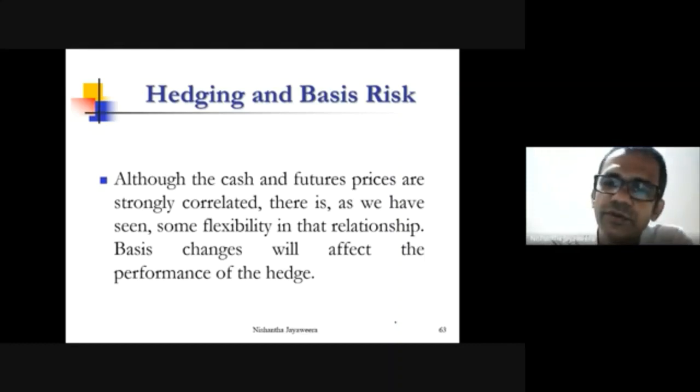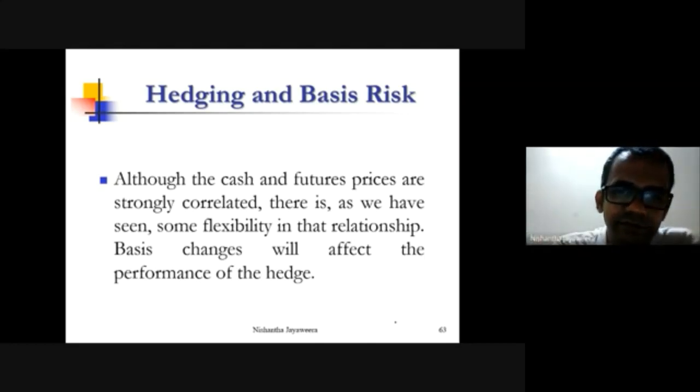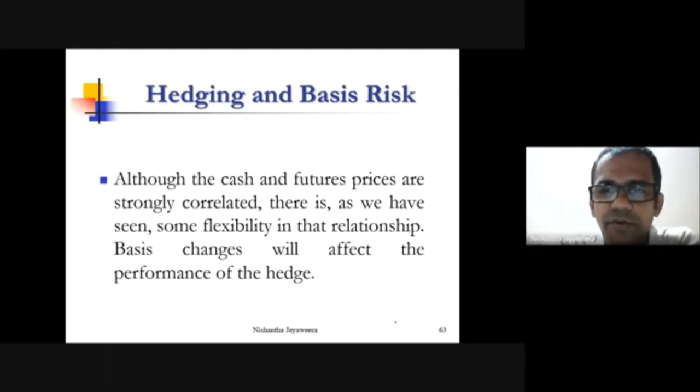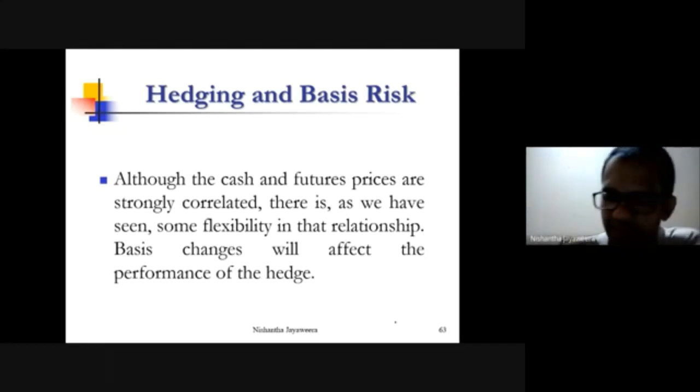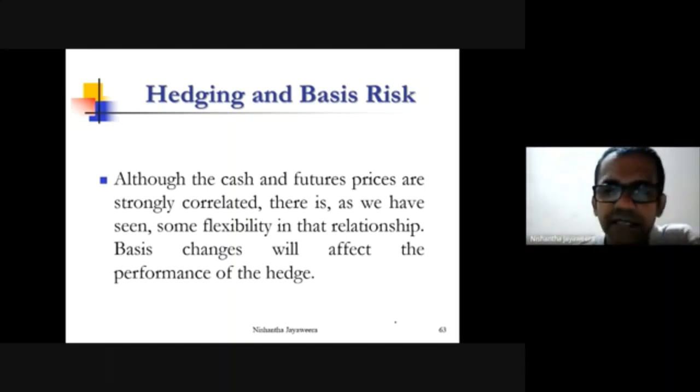So your hedge may not be a perfect one. Even though you have hedged the position, there may be a small gain or loss. If it was a perfect hedge, there could not be any profit or loss. It should be zero. But due to this basis risk, that can happen. There can be a small profit or loss at the end. Especially if you get a loss, that's a risk for you.